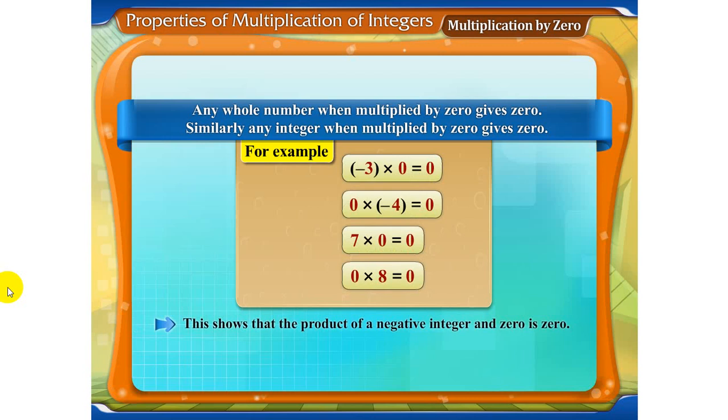This shows that the product of a negative integer and 0 is 0. In general, for any integer a, a multiplied by 0 is equal to 0 multiplied by a, which is equal to 0.